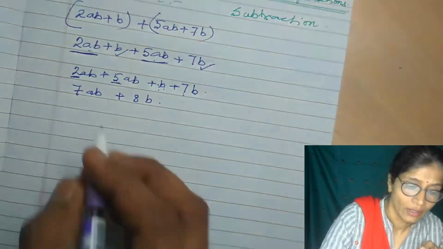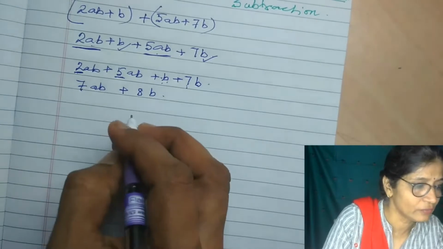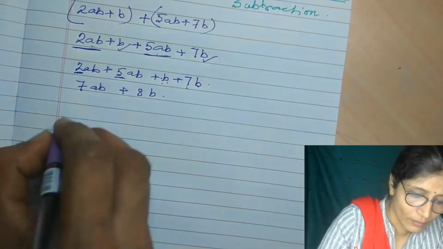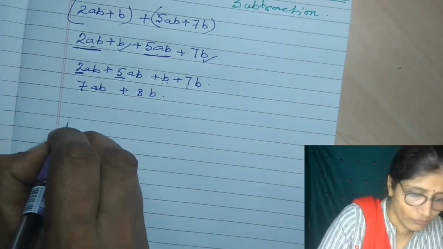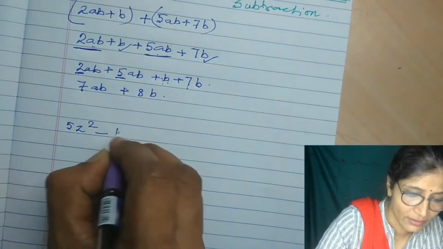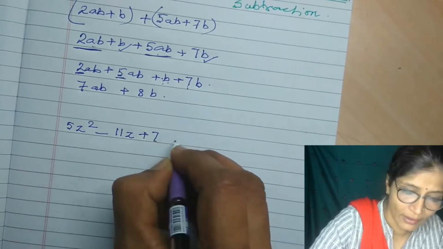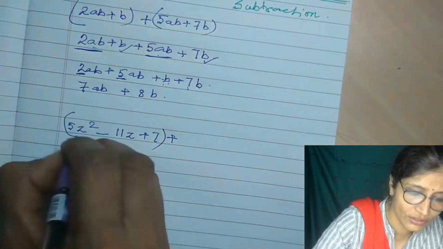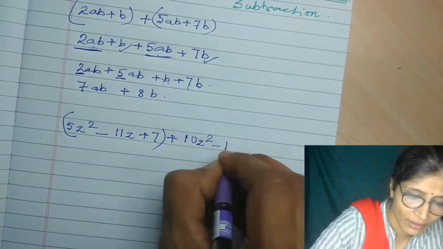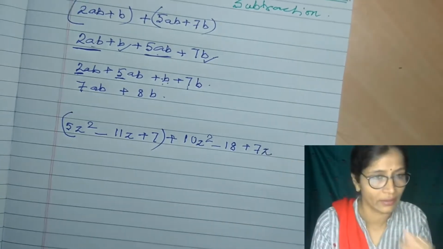One more example: suppose you have to add 5z square minus 11z plus 7, and add to this 10z square minus 18 plus 7z.